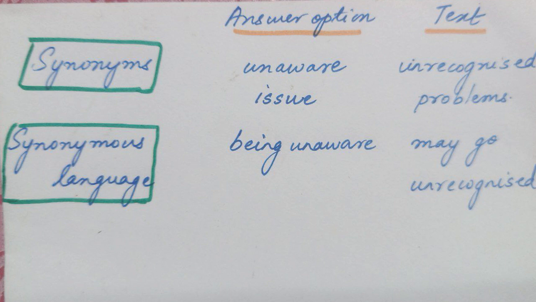For care providers, it is mentioned staff in the text. Next is the issue. For an issue in answer option C, in the text you can find problems. So all these will help us to find out the right answer.